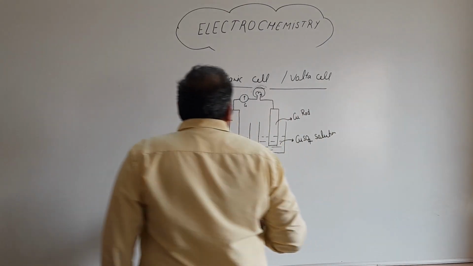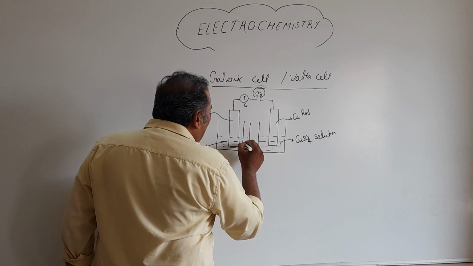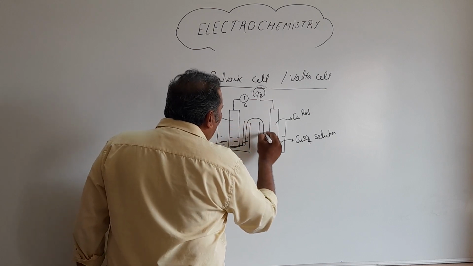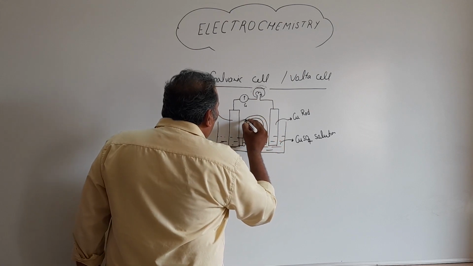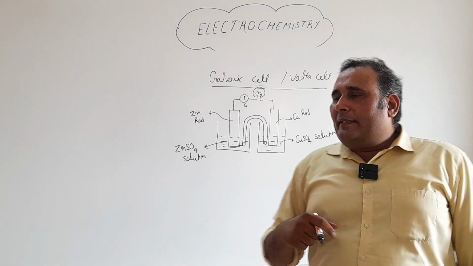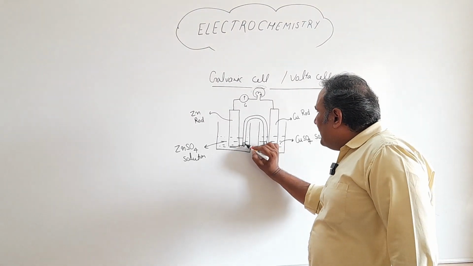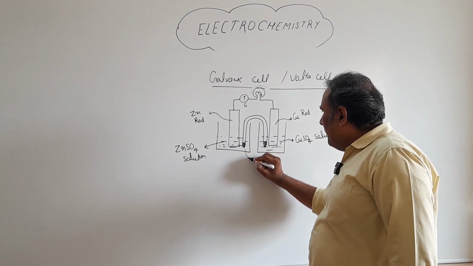Okay, and there is also a U-shaped glass tube present in both beakers, means both beakers are connected through a U-shaped glass tube. The opening of this glass tube is closed with cotton plugs.